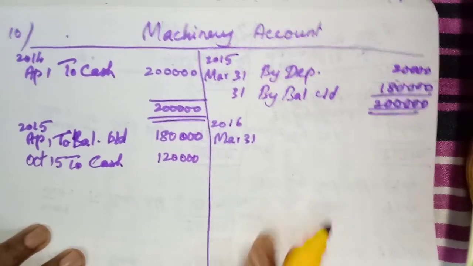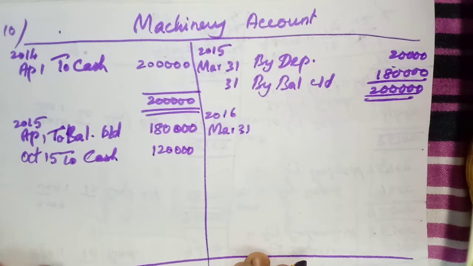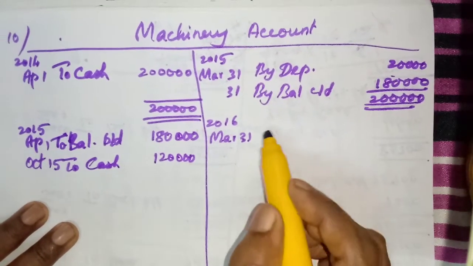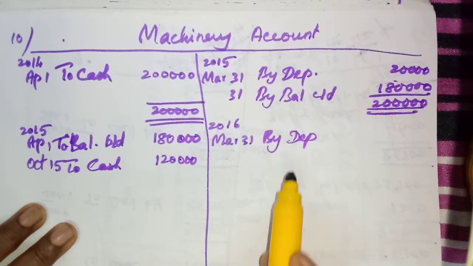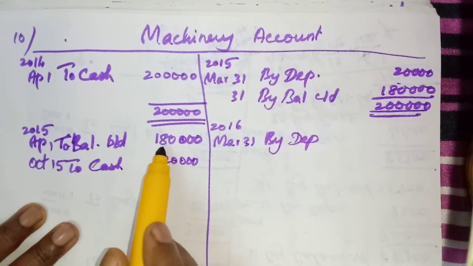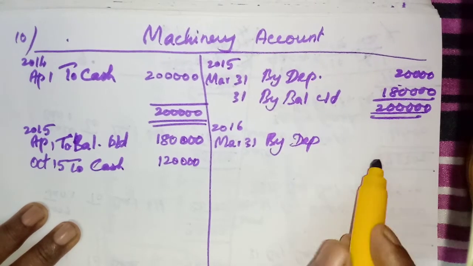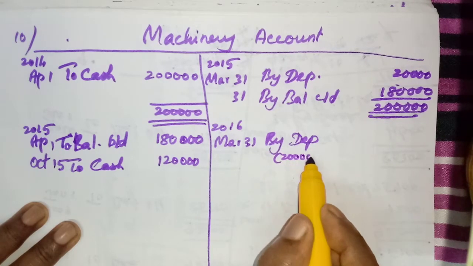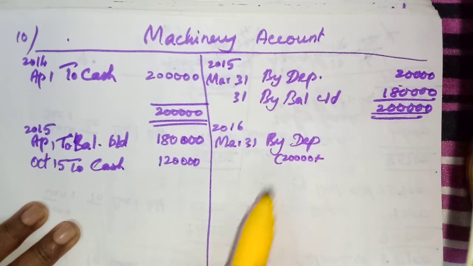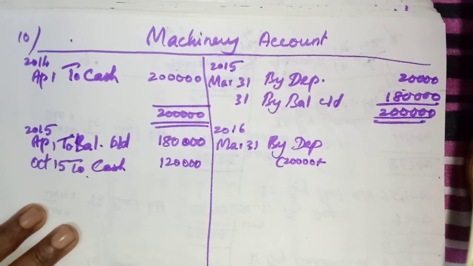Here we need to calculate the depreciation for two machineries. By depreciation, here two depreciations will come. One for this one, 1,80,000, and the same depreciation will come, isn't it?